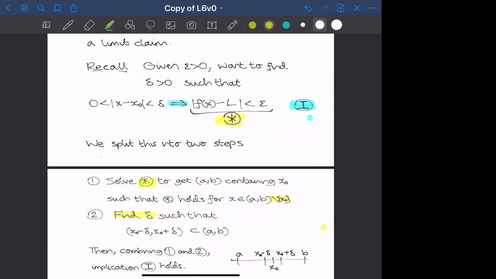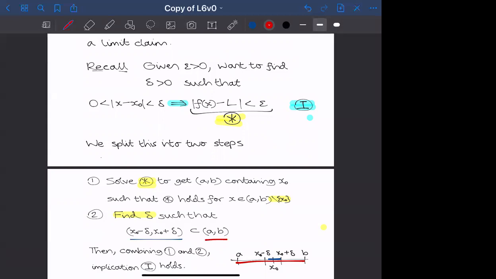And that's because, again, this little interval is inside the big interval A to B. And we knew that star was true on the big interval, maybe not at x0, but everywhere else on the big interval. So it's certainly true on the small blue interval.